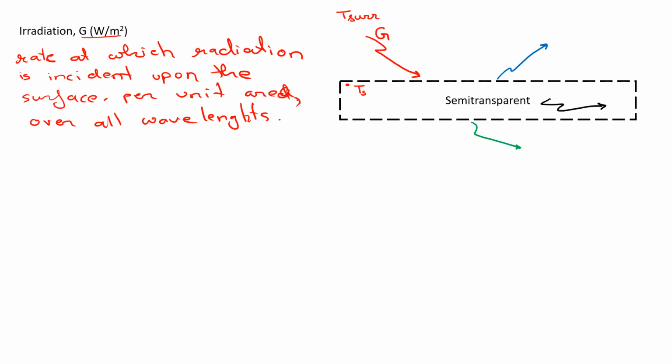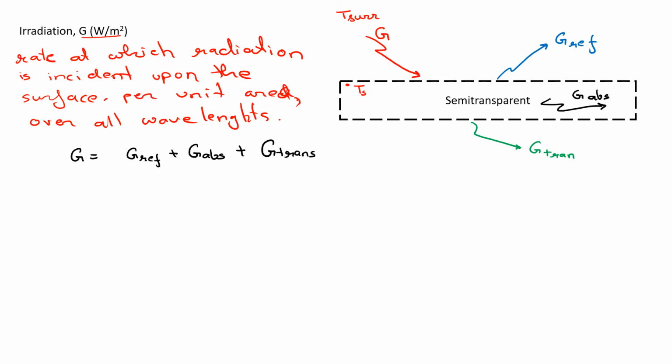So what we do is, let's say we denote this as G reflected, we denote this as G transmitted, and let's say this is G absorbed. Now your energy has to be conserved, so your G will be equal to G reflected plus G absorbed plus G transmitted.